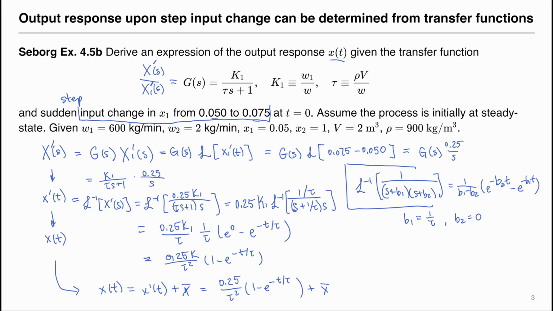And since we're given numbers, let's substitute in numbers. Tau is, by definition, as we found before, rho V divided by w. So 900 times 2 divided by w. That is 600 plus 2, the total flow rate. That equals 2.99. The units should be in minutes.